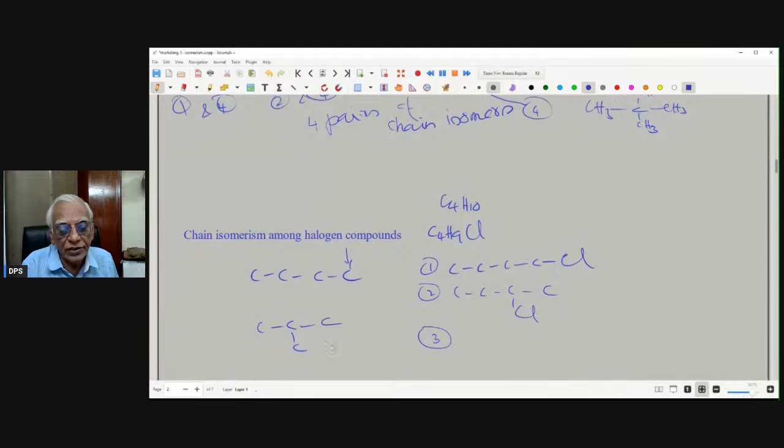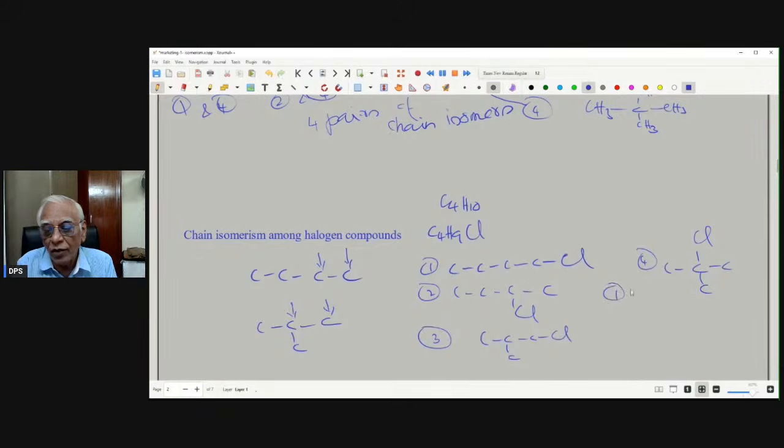As I told you, in this particular case, I can have it here. So you put that skeleton and put chlorine here. And for the fourth one, I can put the chlorine on the middle carbon atom. You put the skeleton here and put chlorine here, the rest being hydrogen atoms. So this is the fourth compound. Which two of the compounds are chain isomers?